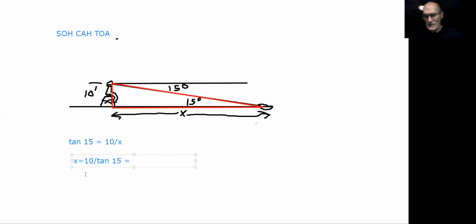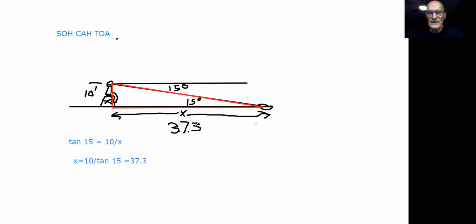You divide 10 by the tangent of 15, and you get an answer of 37.3. So this distance x here is 37.3 feet.